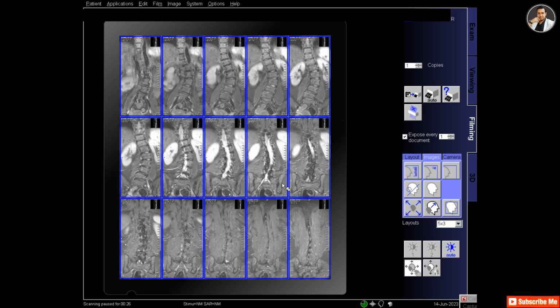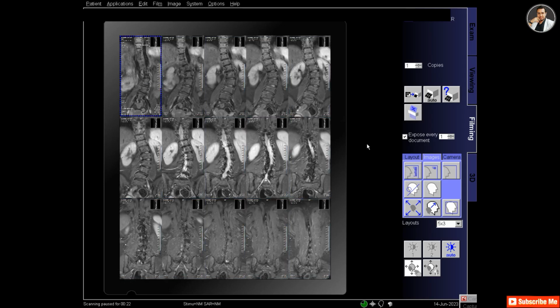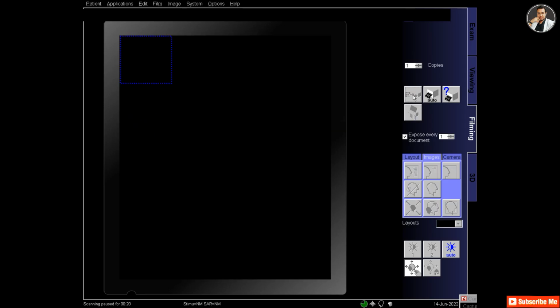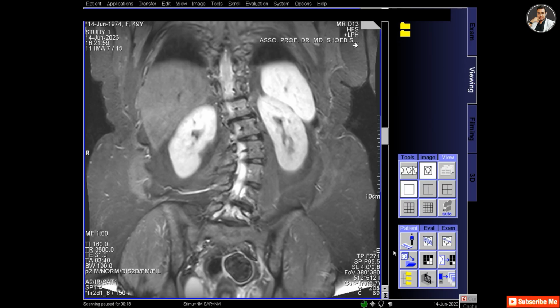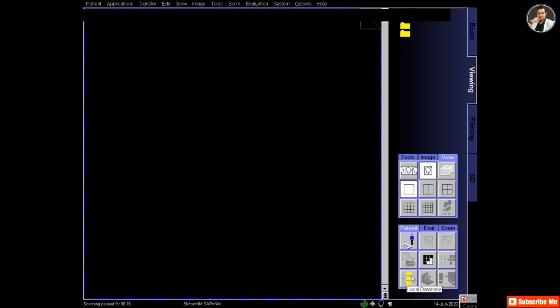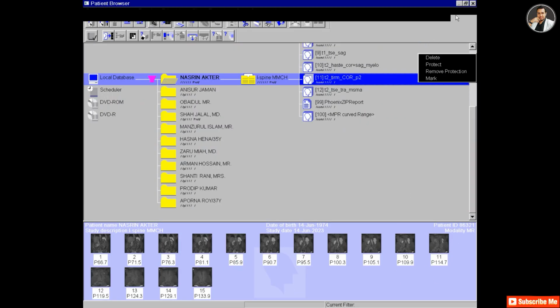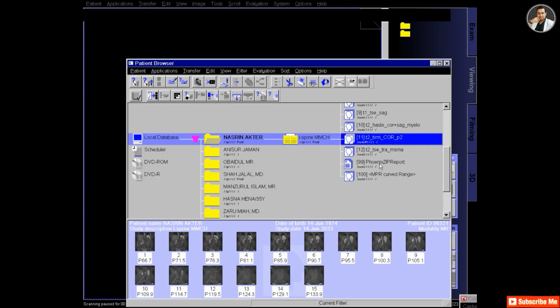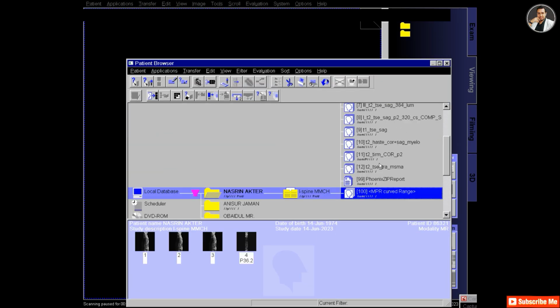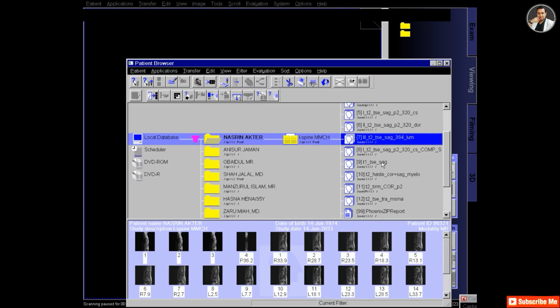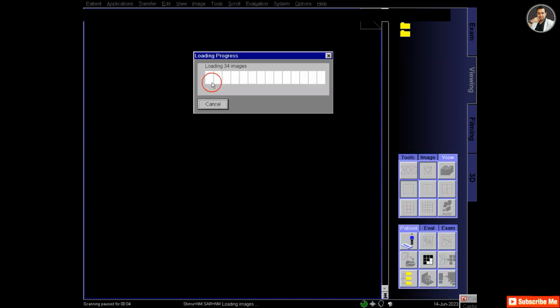I prepared the film in a 5x3 layout, so that the segments are long enough to cover the whole spine, especially the lumbar spine. And now I will go for the whole spine and the lumbar spine to print out.